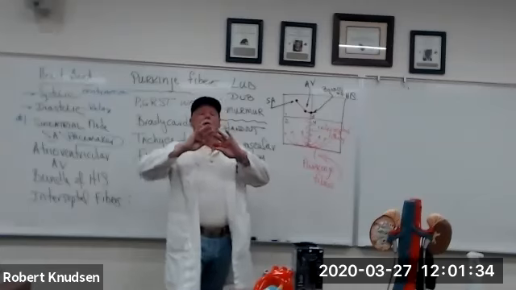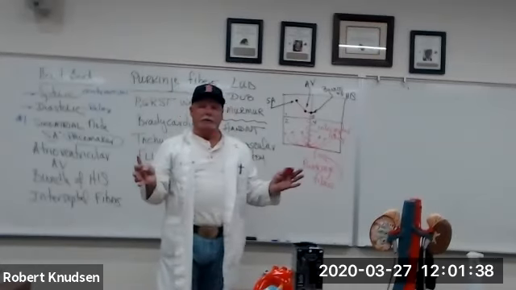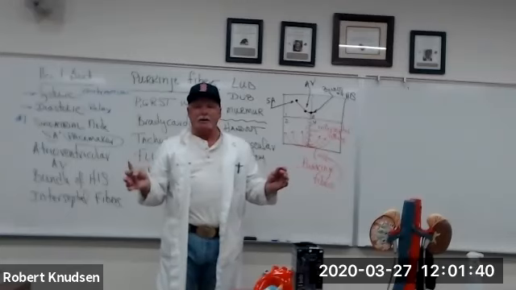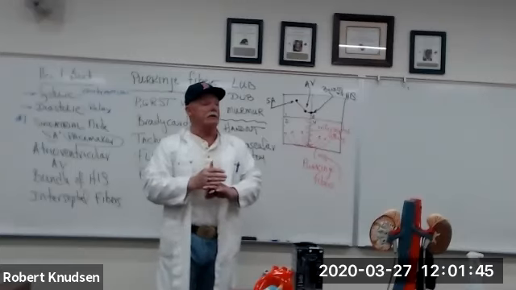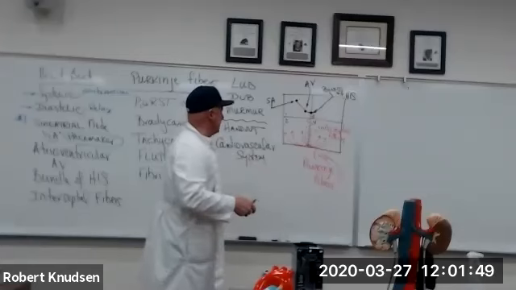Purkinje fibers are the ones that are going to depolarize and have sodium, open up ion gates, allow sodium to get inside the cell to cause it to contract. I haven't done muscle contraction yet, but when I do, I'll pick up and remind you of this discussion.